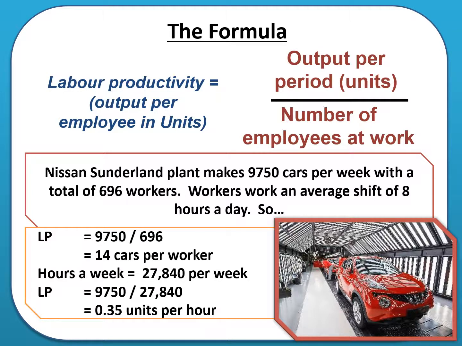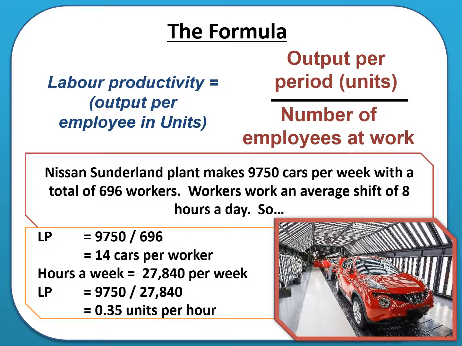The workers average a shift of 8 hours a day. So labor productivity equals 9,750 divided by 696, which equals 14 cars per worker per week.